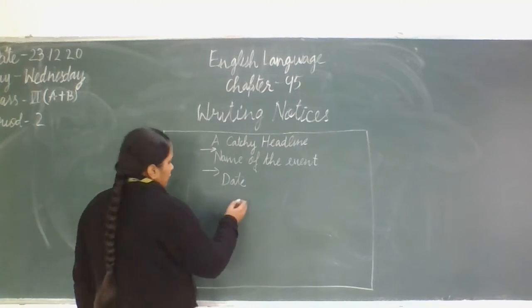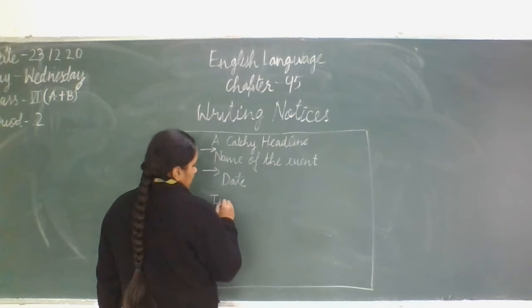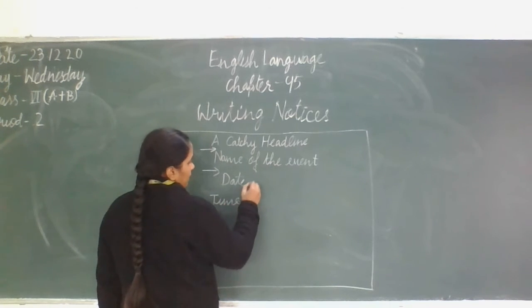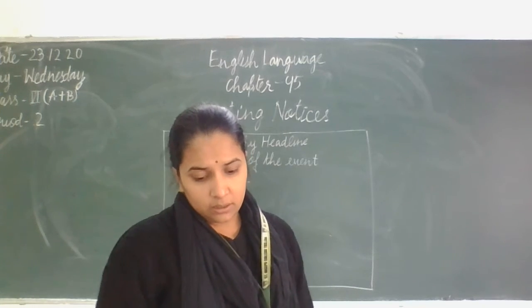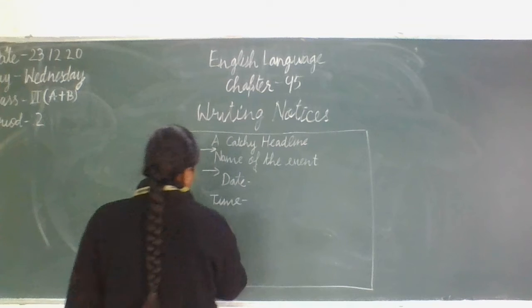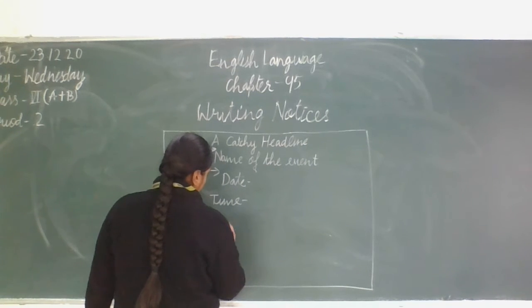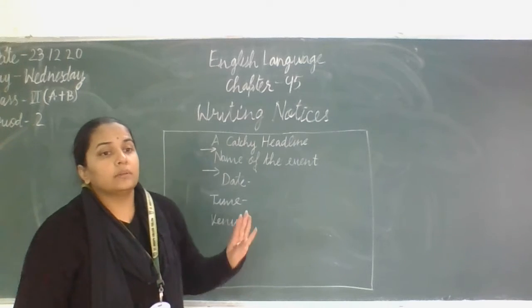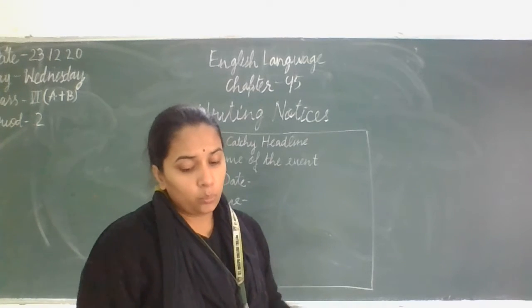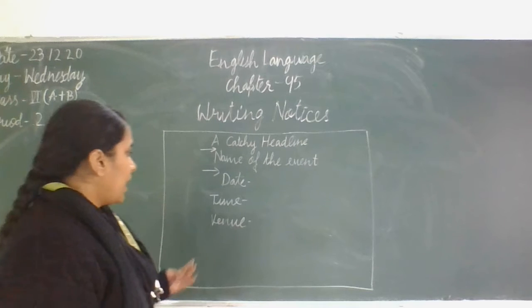Then you will write the time. After the date, at what time the thing will be conducted. Then the venue. What is the place where the particular activity will be conducted?